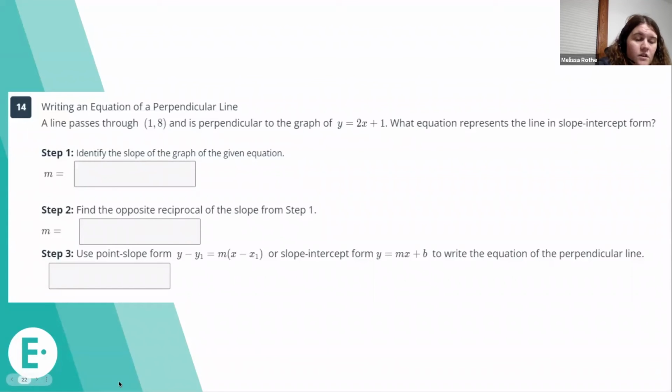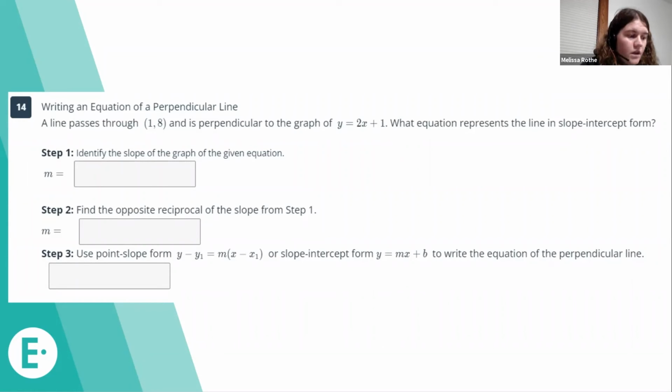And I love that Edulastic understands math and it knows that point slope form is the same as slope intercept form and equivalent equations. There is a box to click if you do not want them to understand, or if you want a student to type it in a particular form.